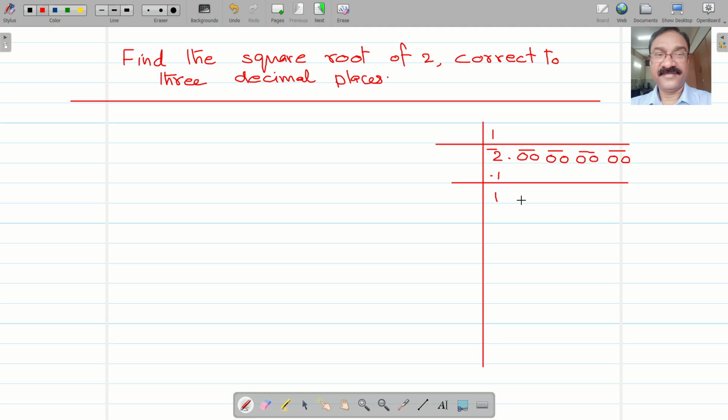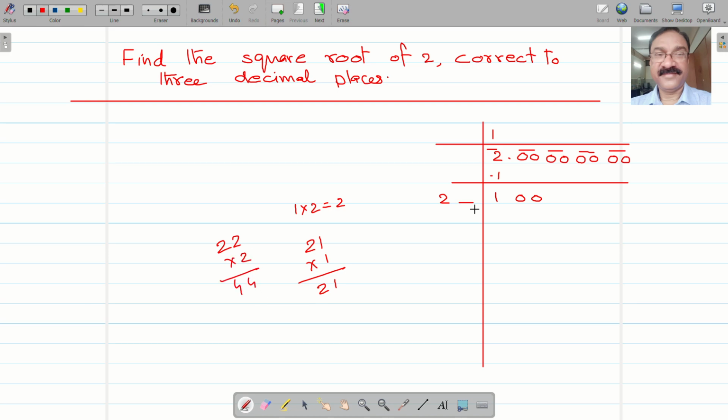Then write down the next pair. Now the number has become 100. Multiply the quotient, that is 1, by 2. You get 2 here. And I have to find a number here, like 21 into 1, 22 into 2.